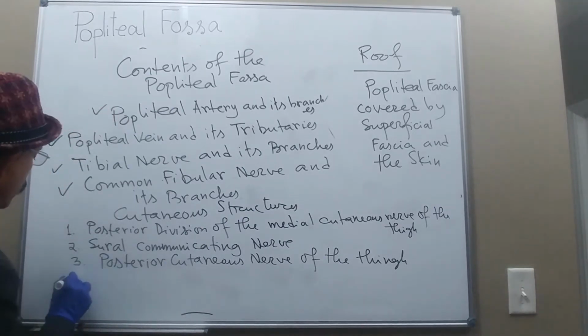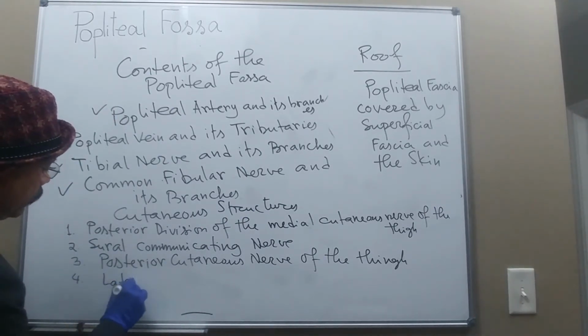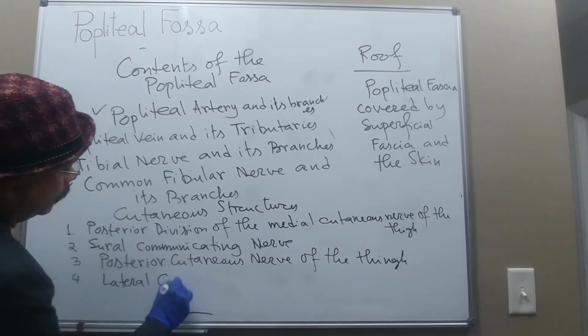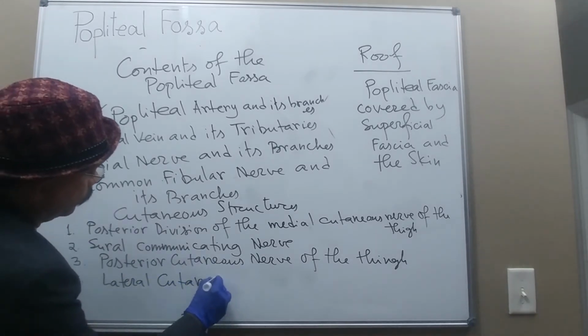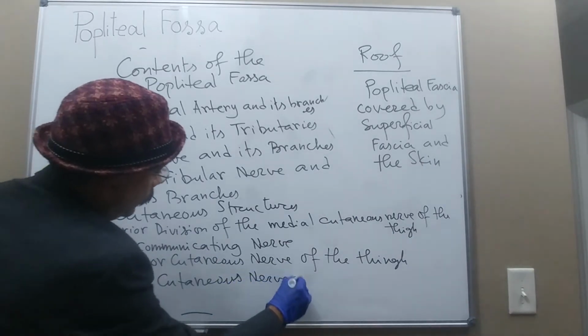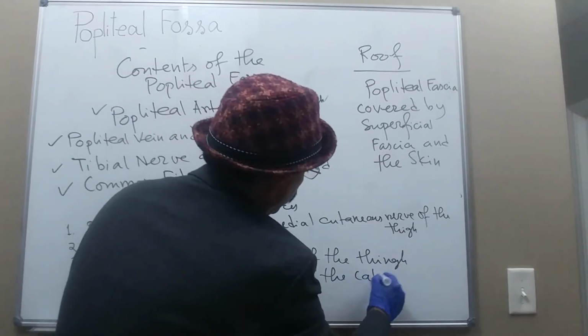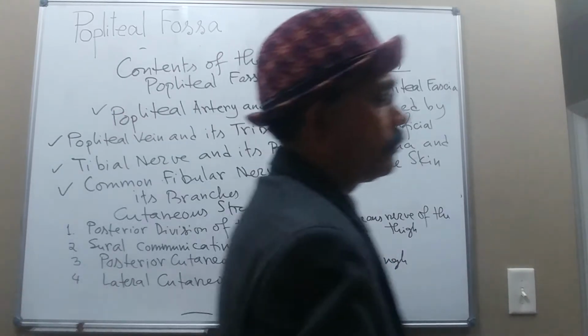And we have the lateral cutaneous nerve of the calf. Okay, these are the cutaneous structures.